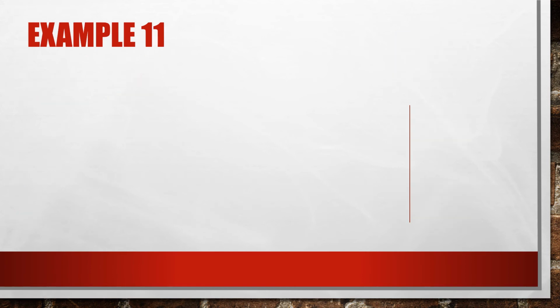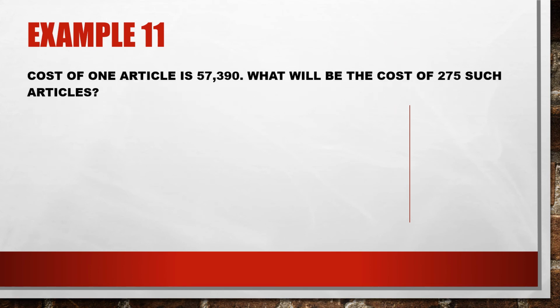11. Cost of one article is 57,390. What will be the cost of 275 such articles? So, one article is purchased from the shop and the cost is said 57,390. If the man purchases 275 same articles, what will be the total cost? So here we have the cost of one article 57,390.